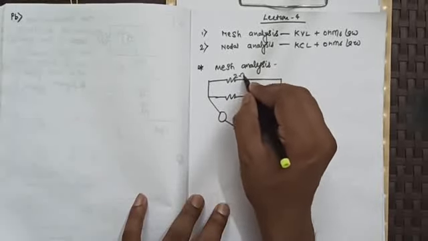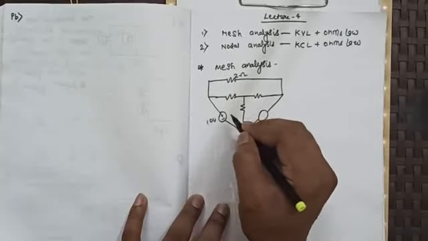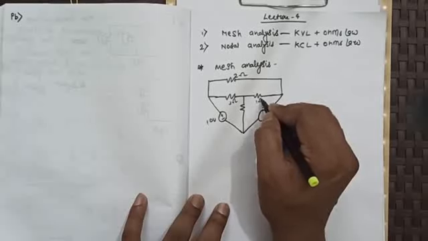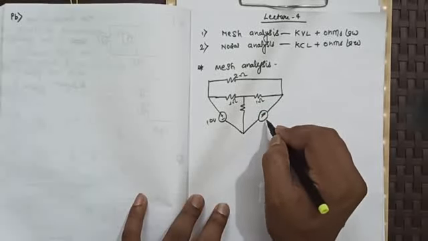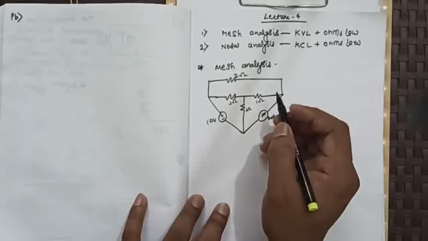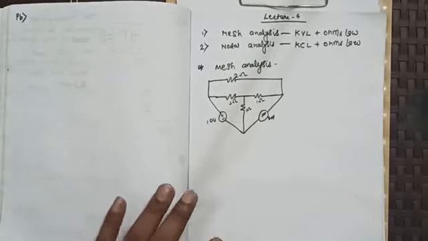This is 2 ohm, this is plus or minus 10 volts, this is 1 ohm, this is 1 ohm, 2 ampere, 1 ohm. So to do mesh analysis, we have to assign current in all meshes.